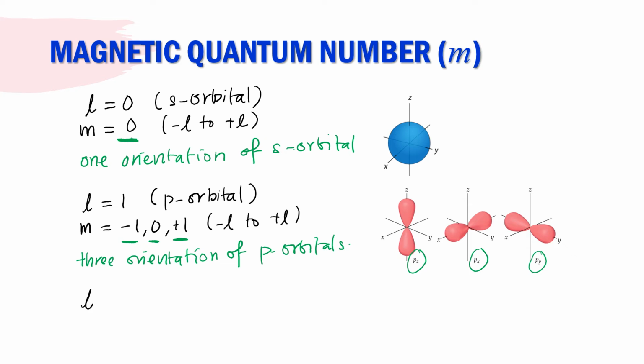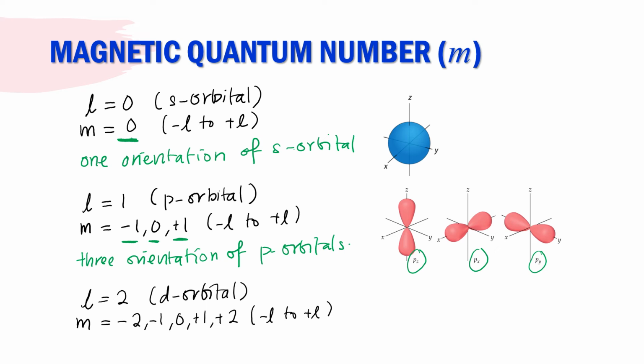When the value of L equals 2, this represents the d orbital. The possible value of m can be negative 2, negative 1, 0, positive 1, and positive 2. This value we get from the range of negative L to positive L. From the value of m, we have 5 values of m.